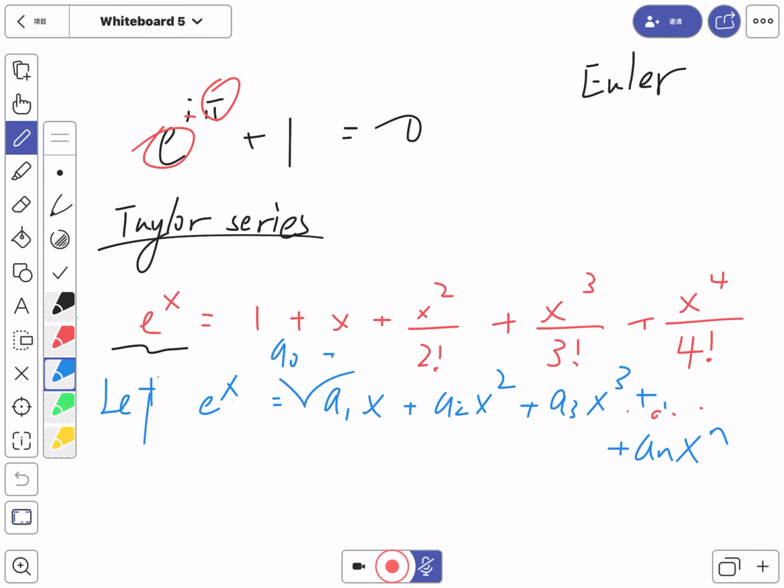Now if we take the derivative of this function, it is essentially equal to a1 plus 2 a2 x. Look at this, we're just applying the power rule over here.